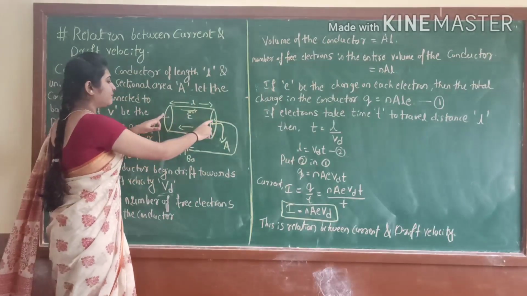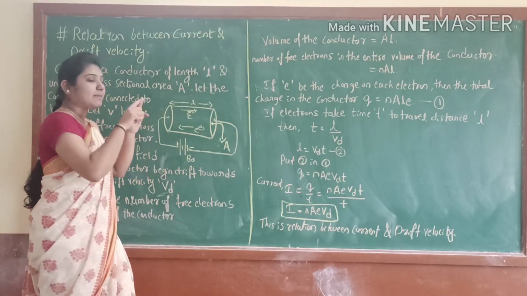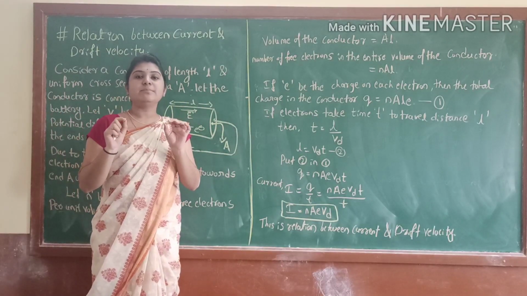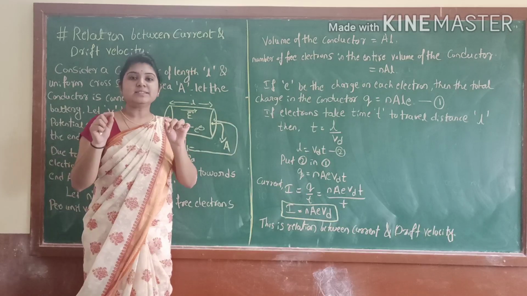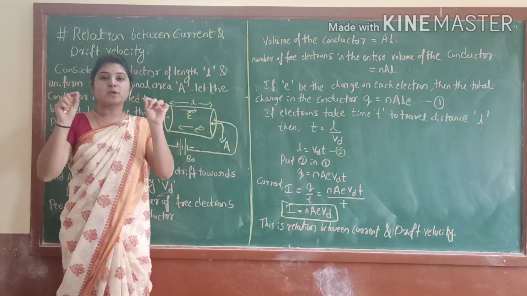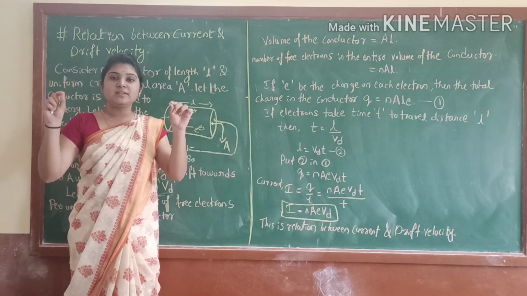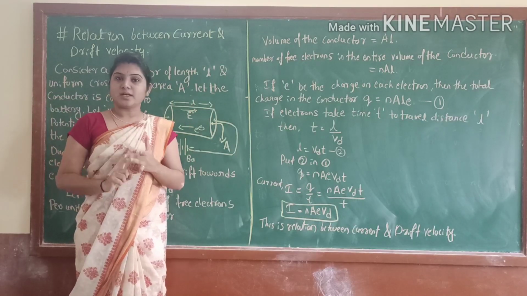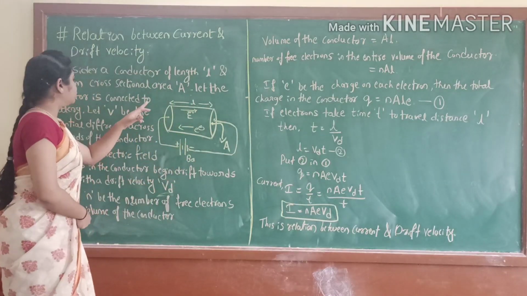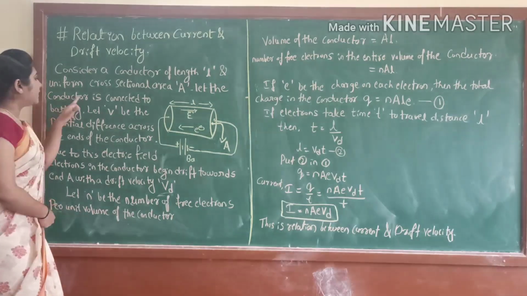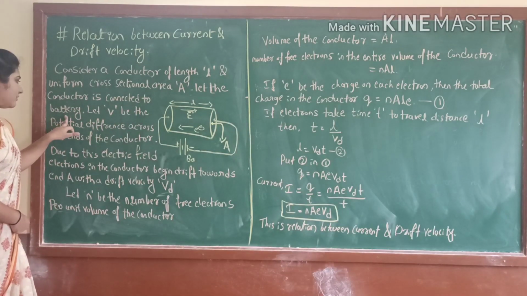Then this conductor I am going to connect to one battery, right? That means to the two ends of the potential difference, in between that I am connecting the conductor, correct? Here let the conductor be connected to the battery.